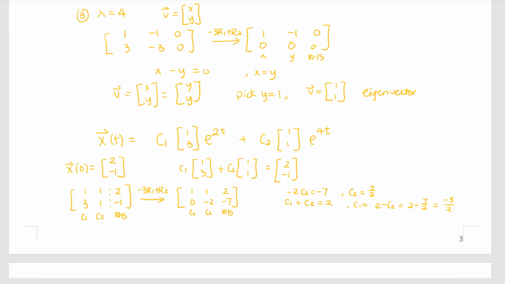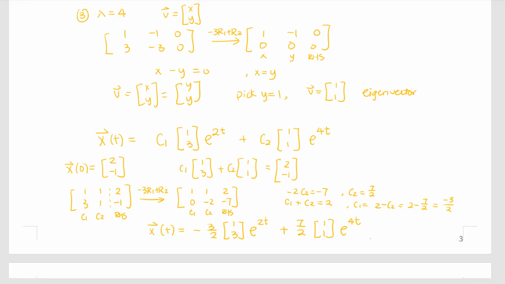So finally, our solution is: c1 is negative 3 over 2, and then we have (1, 3) e to the 2t, plus c2, which is 7 over 2, times (1, 1) e to the 4t. So this is our solution.